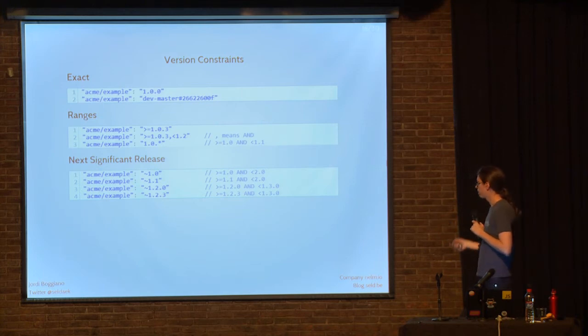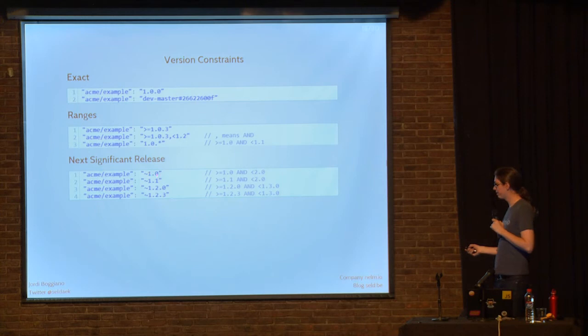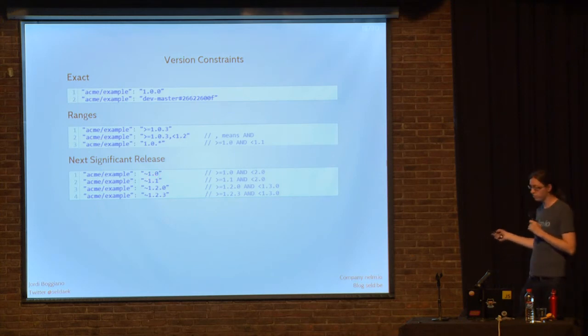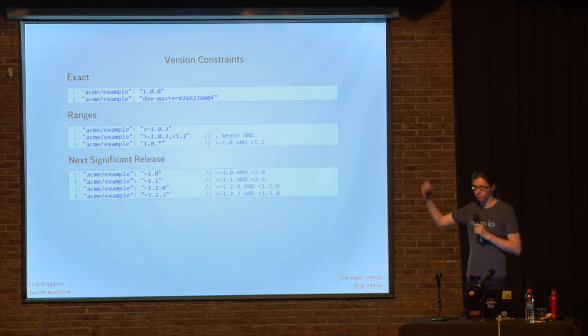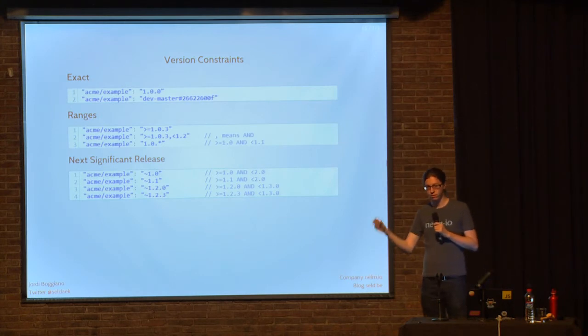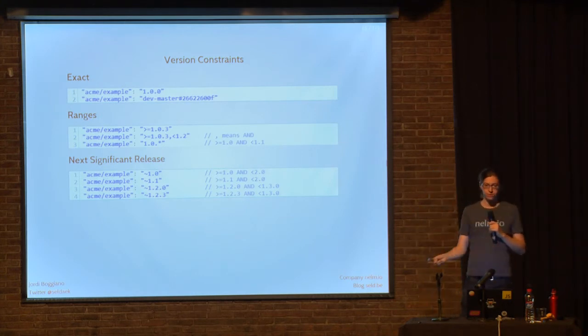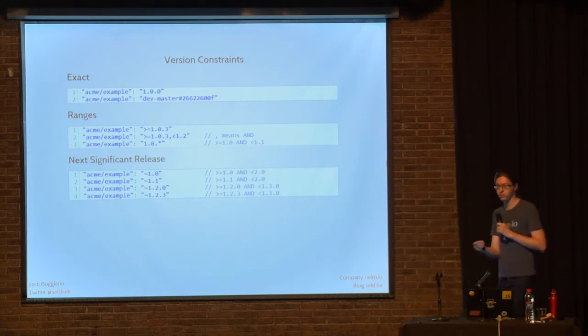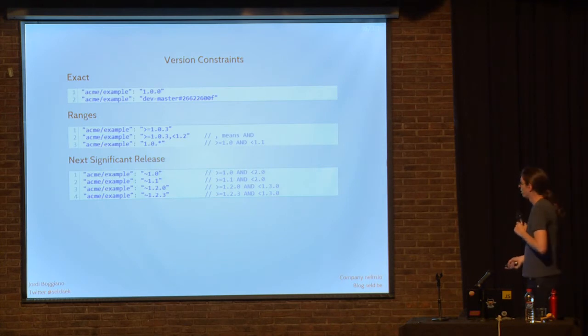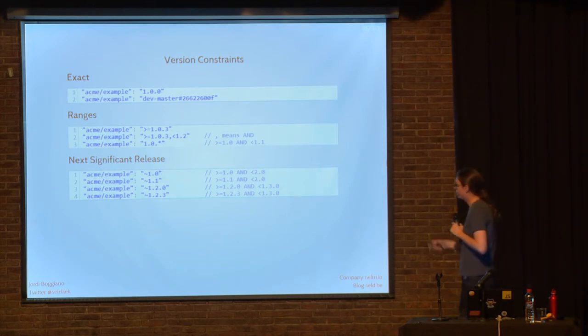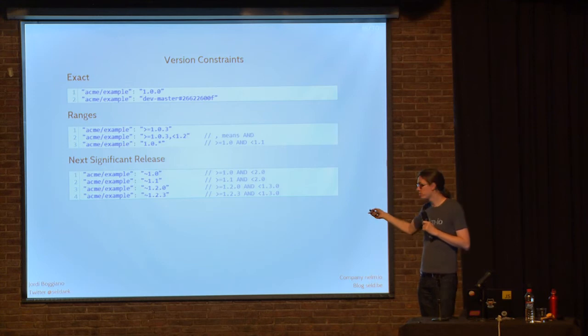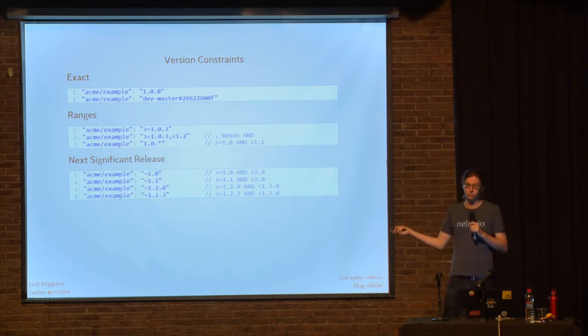So if you take the first case here, it can be 1.0 and the 0 can go up. So it can be 1.1, 1.2, but it cannot be 2.0 because that would be changing one above. But in that case we could just write 1.star and it would be the same, right?